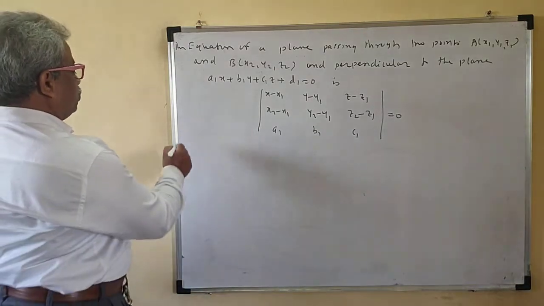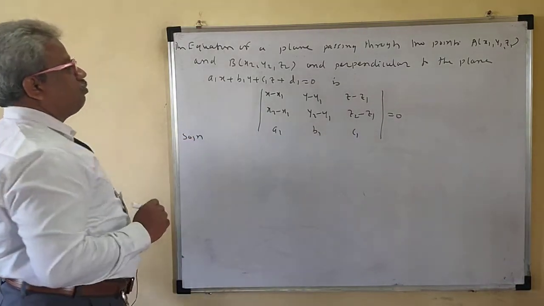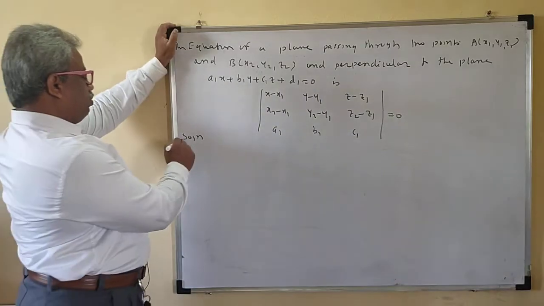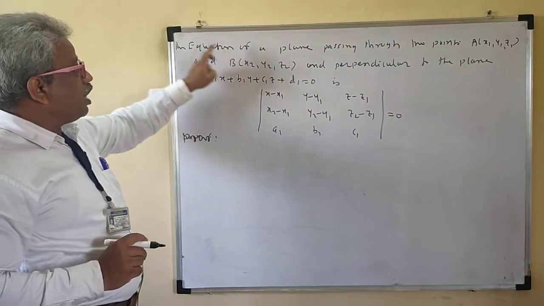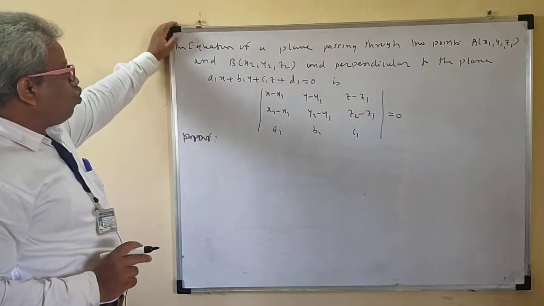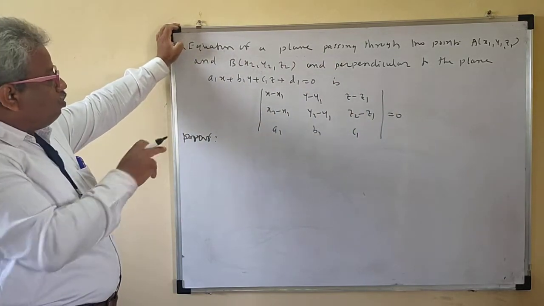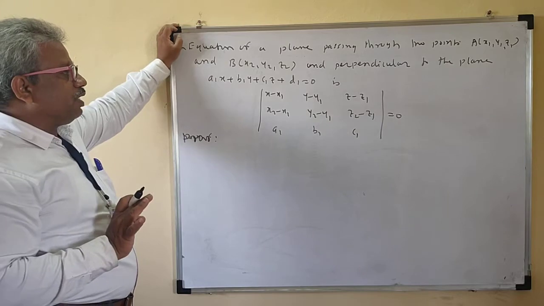Okay, the solution, from the proof now. What is this? Equation of a plane passing through two points and perpendicular to this plane. No problem for this one.